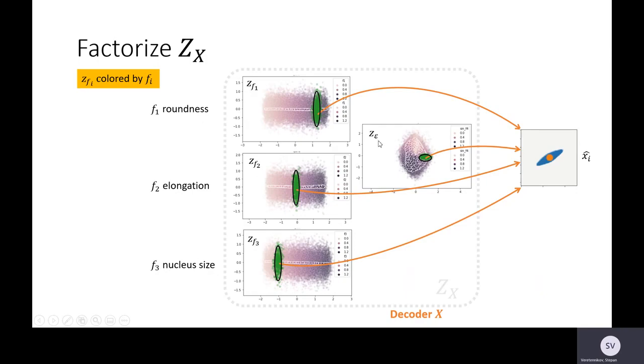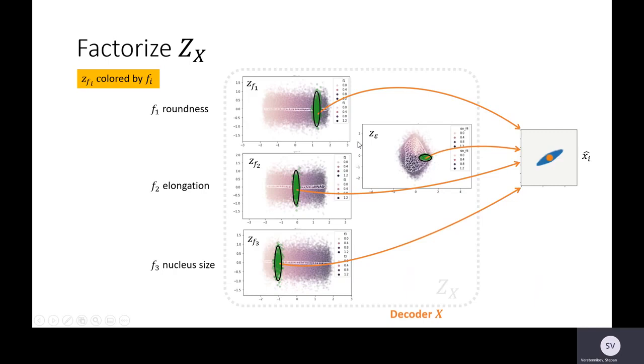The Z epsilon space corresponds to the residual variation, which in our case was only the rotation angle and some background noise. So the model was actually able to capture that the last space should learn only the rotation angle. If we color this space, for example, by a sign of elongation, rotation angle, we can see the clear structure here. But this is more about technical details.